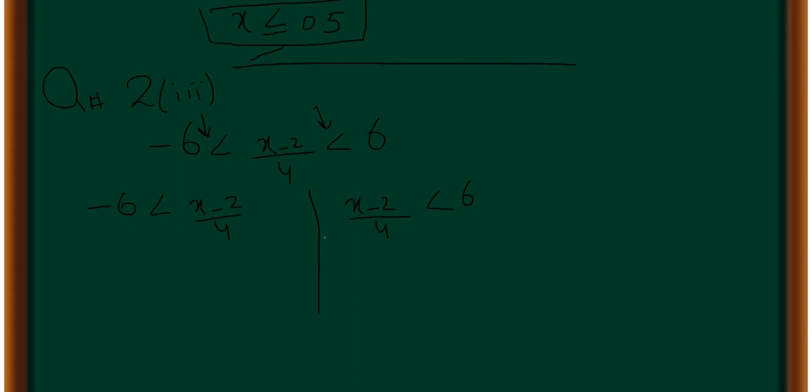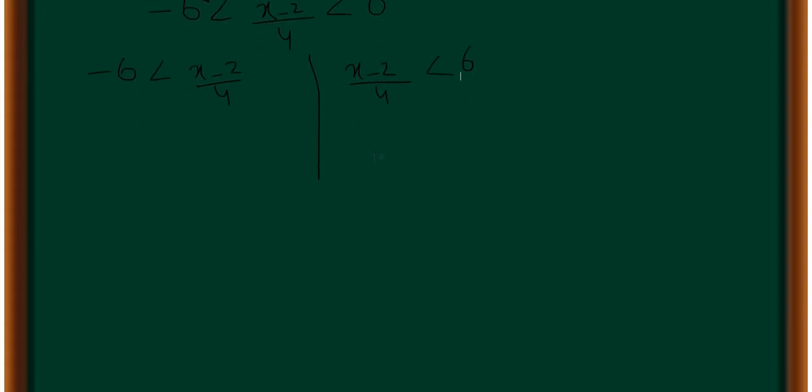Also you can solve it in a single question like this: minus 6 less than x minus 2 by 4 less than 6. I am solving this question jointly. You can solve it separately like this, but if we solve it jointly, it is easy to solve.